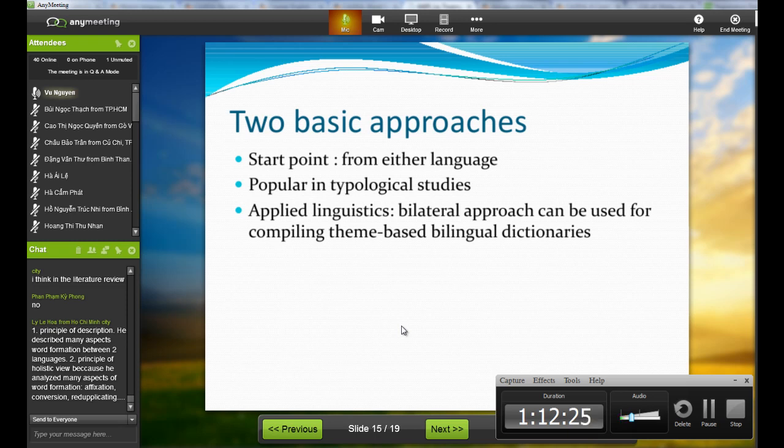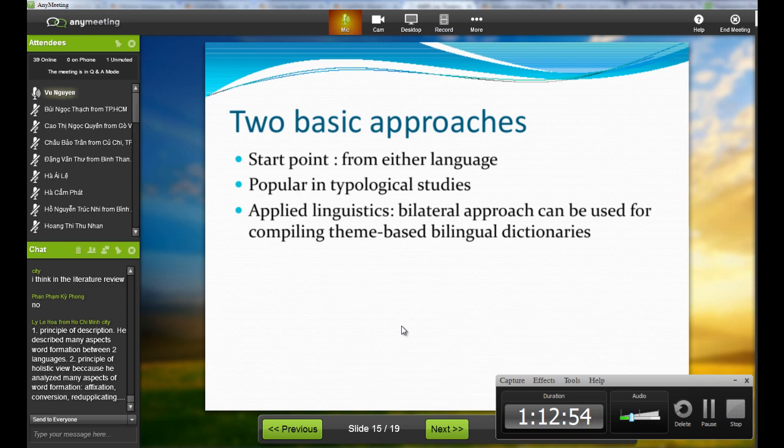This kind of bilateral approach is popular in typological studies, and in language teaching and applied linguistics. I mean, this bilateral approach is useful for compiling theme-based bilingual dictionaries.